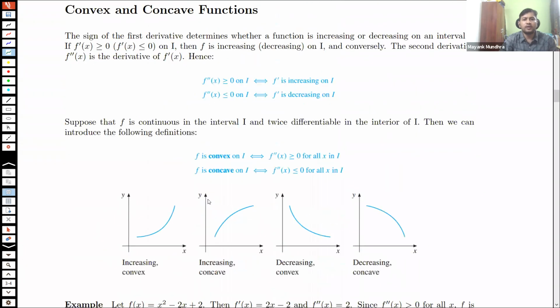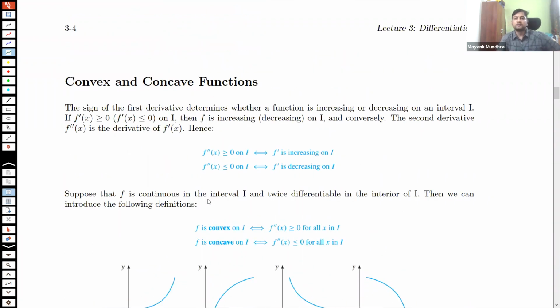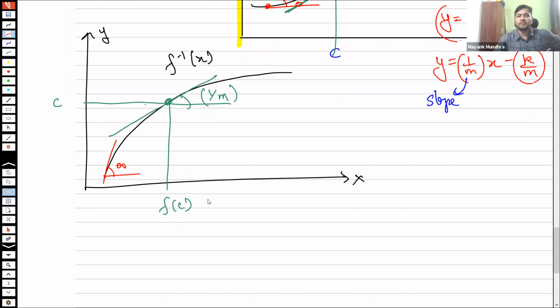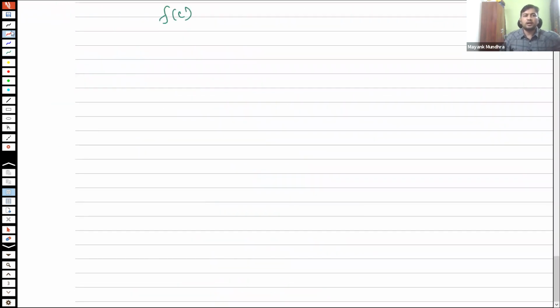Okay, now next I want to look at convex and concave functions. But before that, we say that a function is increasing if f prime is positive.